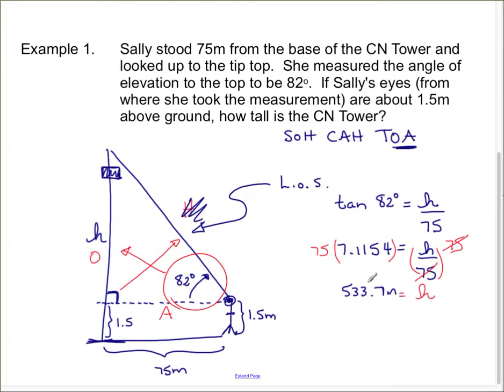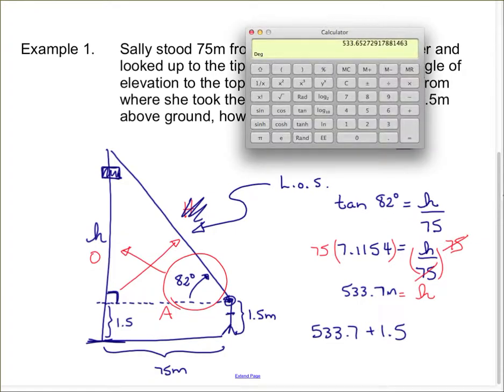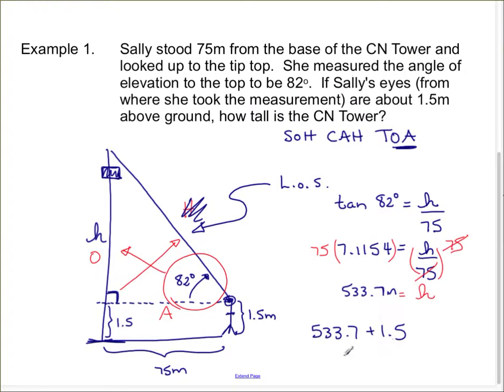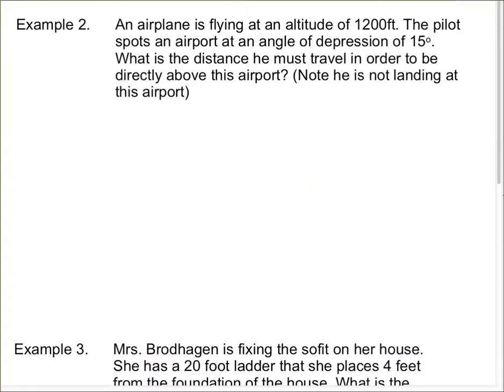So 533.7 plus 1.5, 535, basically. Now, that's not quite the height of the CN Tower, but when we're rounding all these angles and stuff, we're not going to get anywhere near exact measurements.